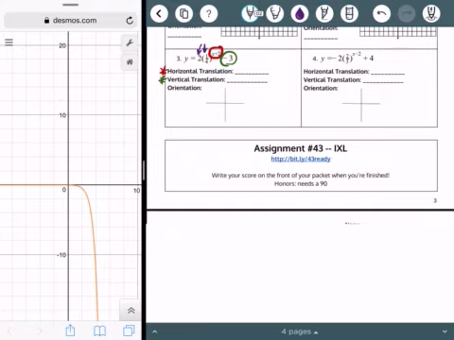Remember that the A number is going to tell you if it is upside down or right side up, and the B number is going to tell you if it opens to the left side like normal, or if it opens to the right side. So you can check that out, and then always check on your calculator.